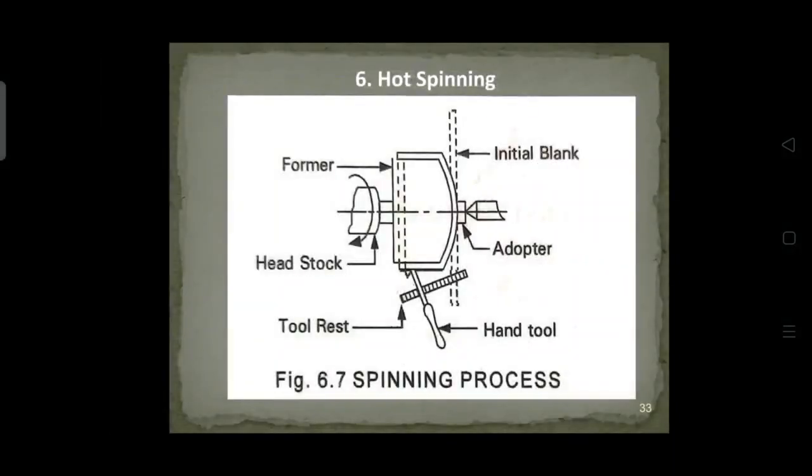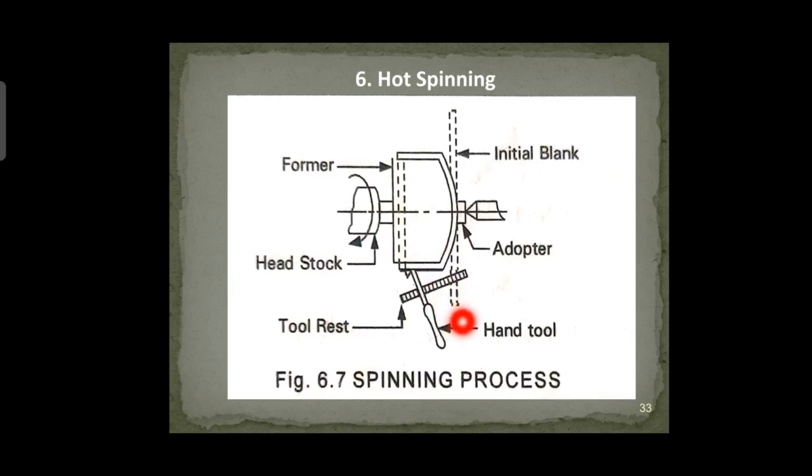So there is deformation of the metal, the changing of the shape of the metal, during the spinning. During its rotation, you can see it is connected to the headstock, where you get the spinning operation. The deformation of the metal during this rotation is due to the combined effect of bending and stretching.